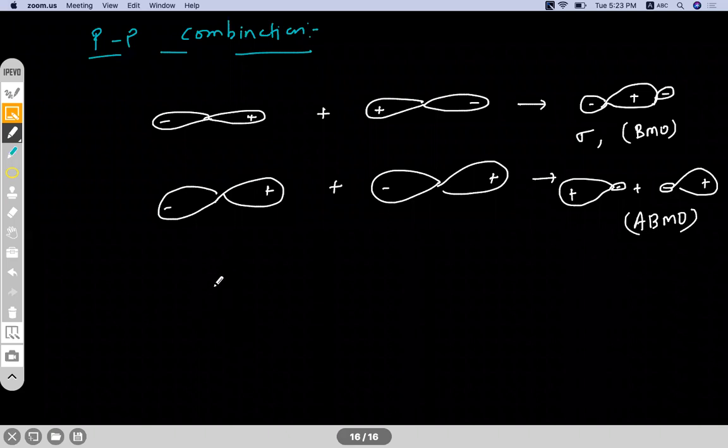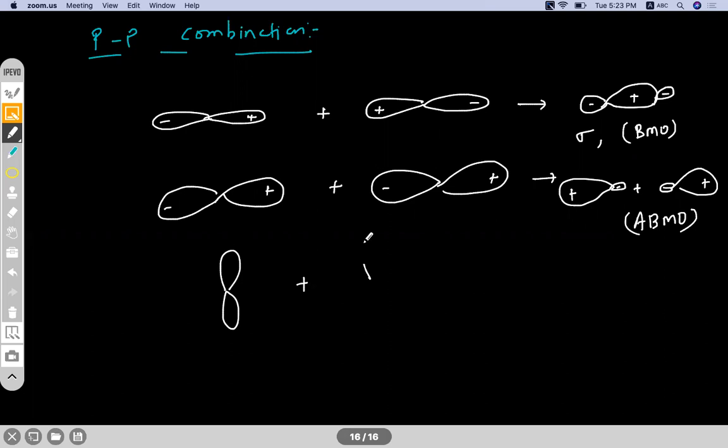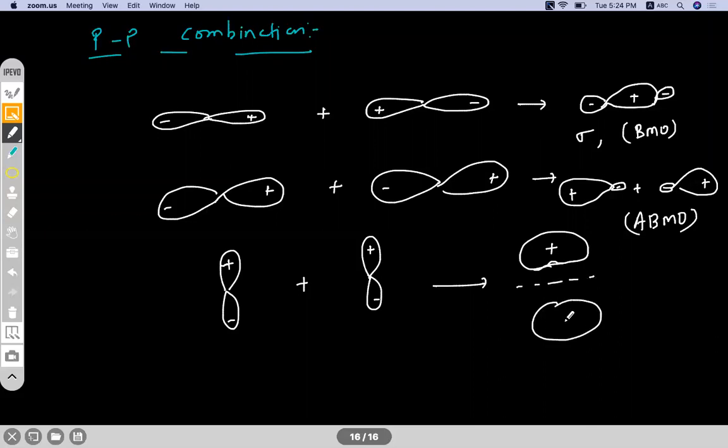If you have pi combination here, plus, plus, minus, minus, same phase, plus combines with plus, so we'll have this, and we have electron cloud like this, negative sign. Okay, this is BMO again, because plus combines with plus.